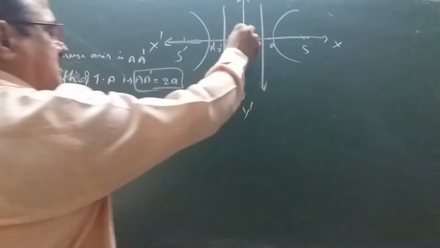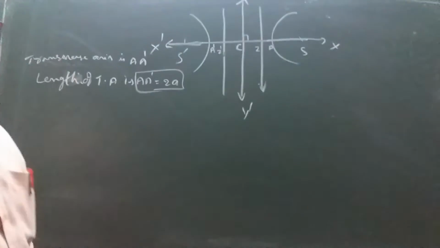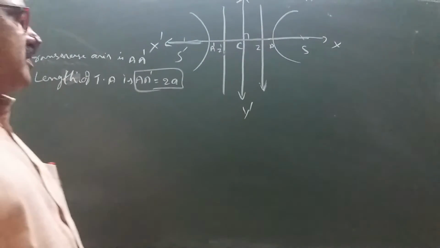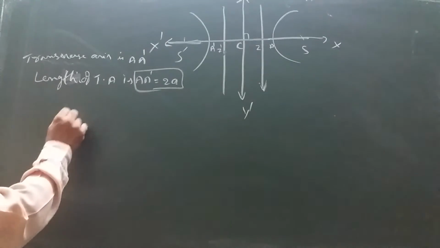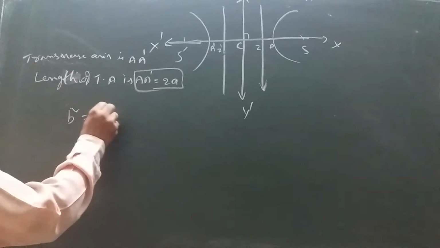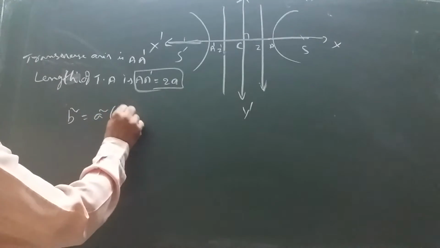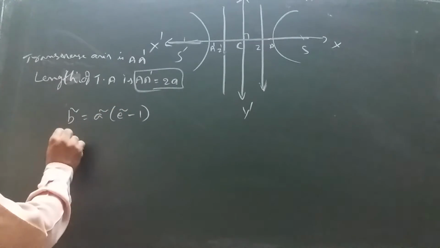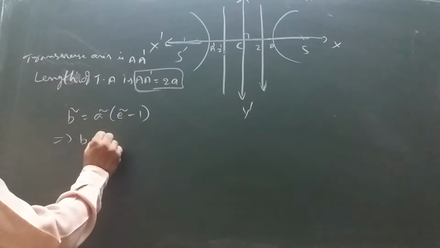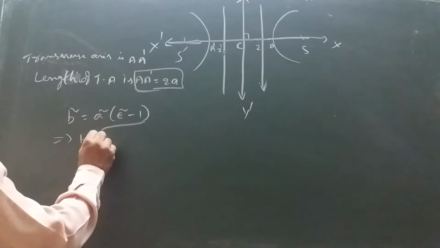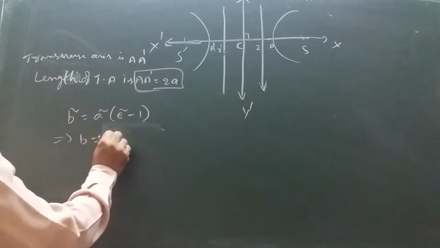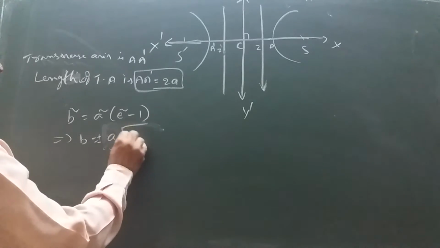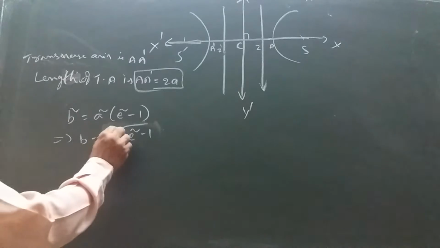Now we have to discuss the y axis. On the y axis, in the previous proof we took b square is equal to a square into e square minus 1. That implies b is equal to plus or minus a into root of e square minus 1.